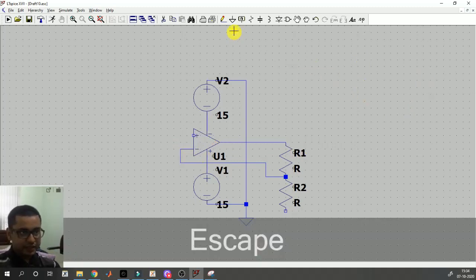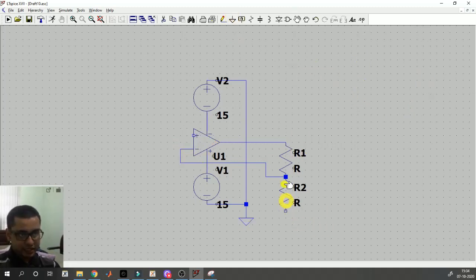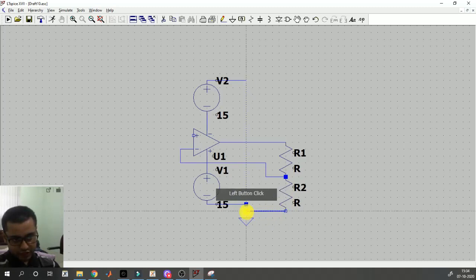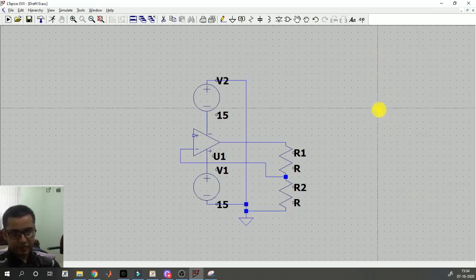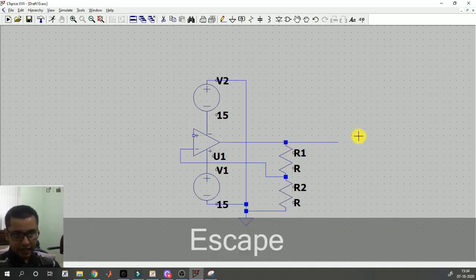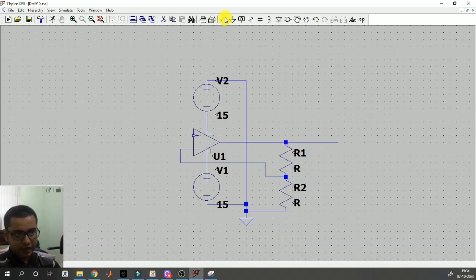Okay, and then this end, the other end of the resistances, I will connect to the ground, common ground or reference. Okay, and then I will connect a wire here and another wire here.